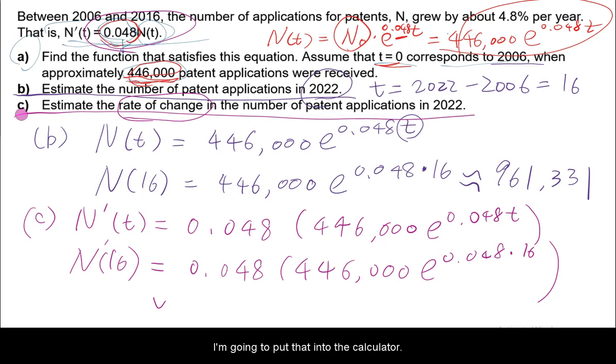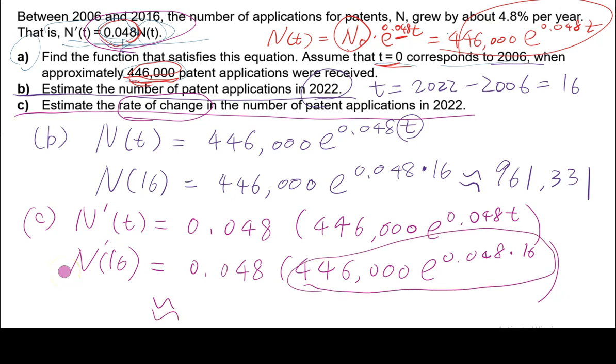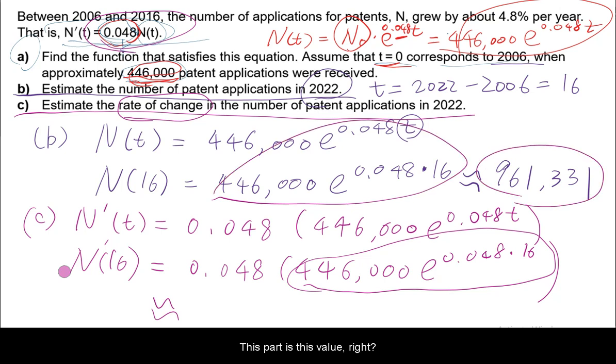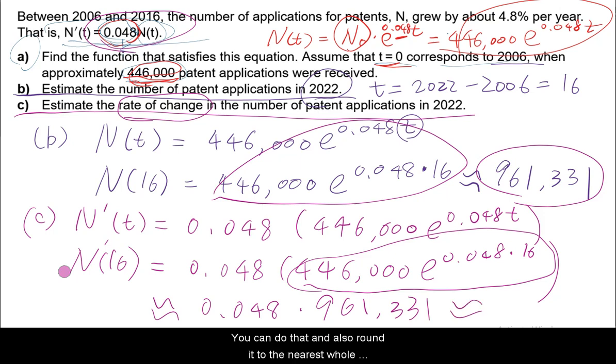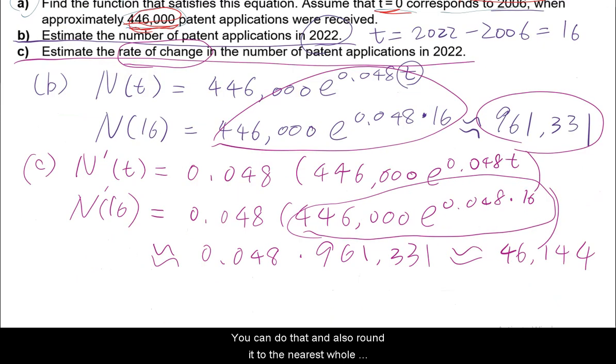I'm going to put that into the calculator. Wait, we already calculated this part. This part is this value, right? So you can just do 0.048 times 961,331, and round it to the nearest whole number, which is 46,144 applicants per year.